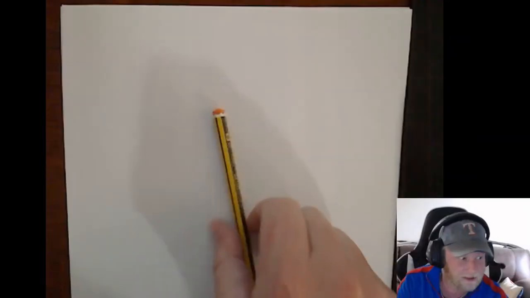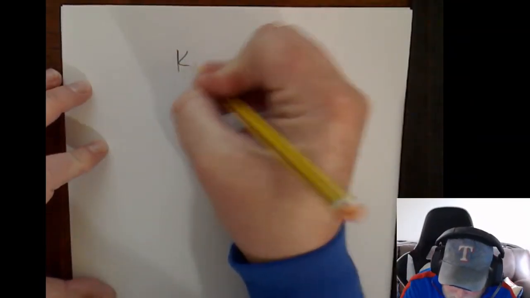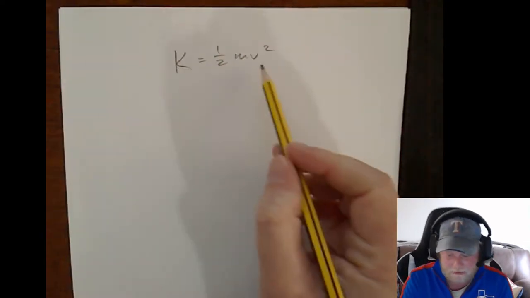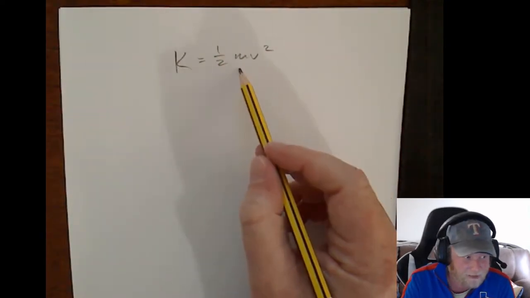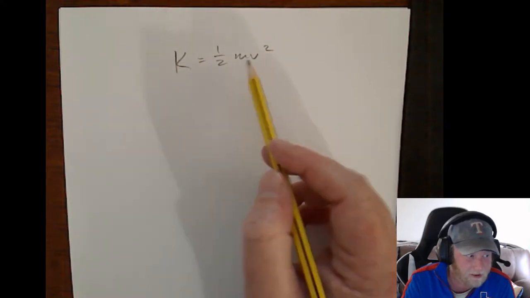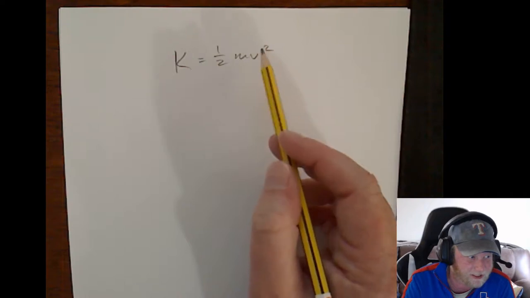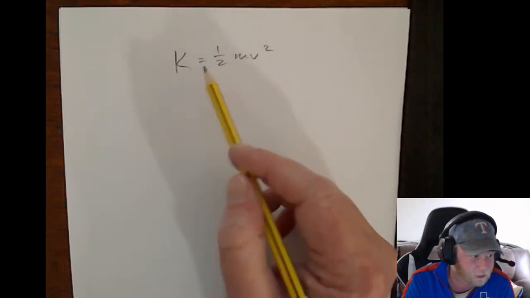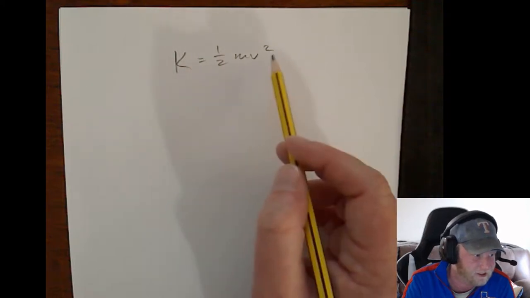So take a look at the equation, where K equals 1/2 mv squared. So v is your velocity in meters per second, m is your mass in kilograms, and K is your kinetic energy. Now, obviously, increasing the velocity of an object of constant mass will change the kinetic energy a great deal because of that squared.